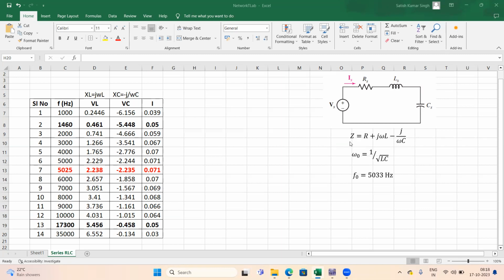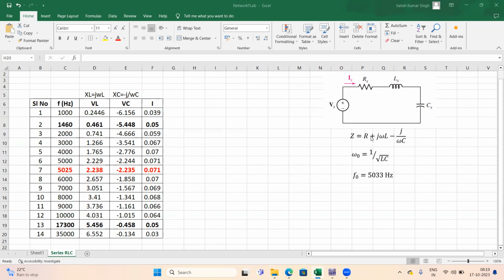Normally, to find the resonance frequency of the circuit, at the resonance frequency ω0, the inductive impedance and capacitive impedance will be equal. At that time these two will cancel out, and the impedance offered by this circuit equals pure resistance.